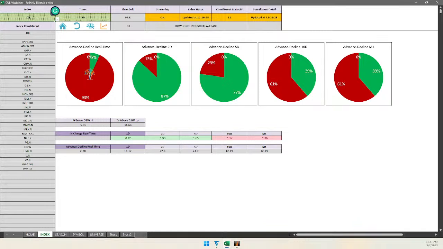I use IXIC for NASDAQ, that's the definitive symbol, or you could use, I think, NYA for the NYSE. In fact, you could use any industry index as well. Refinitiv has hundreds, in fact probably thousands of indexes focused on industries and sectors. If you wanted, you could use those.